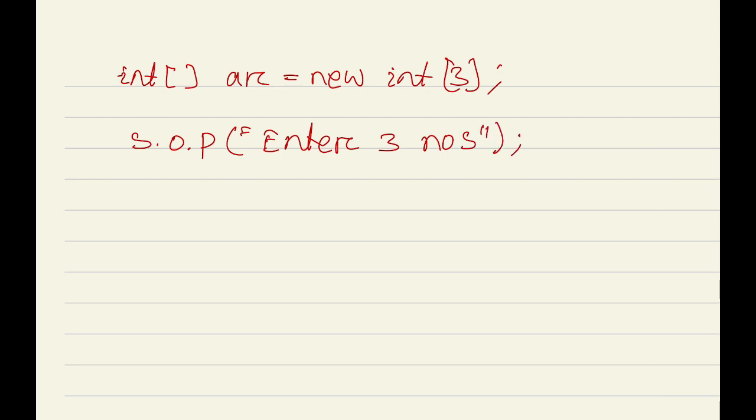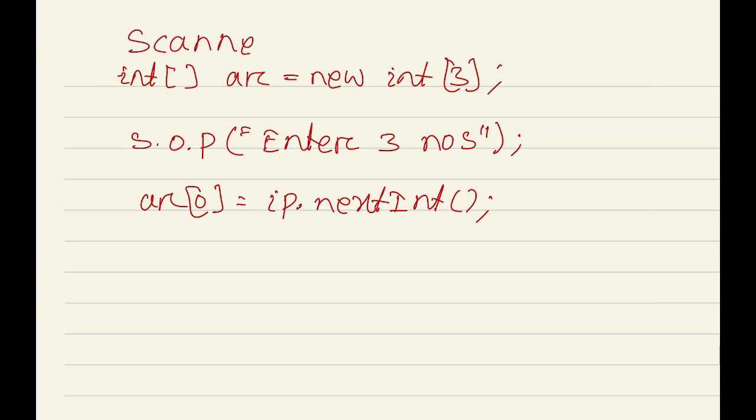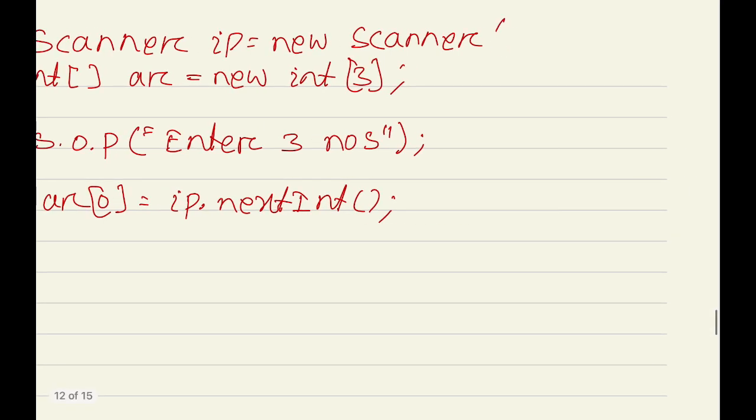Then we will receive the numbers like this: AR of 0 equal to IP dot next int. Then what is IP? IP is a scanner class object, so we need to write here Scanner IP equal to new Scanner system.in.